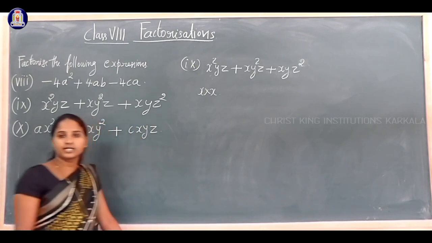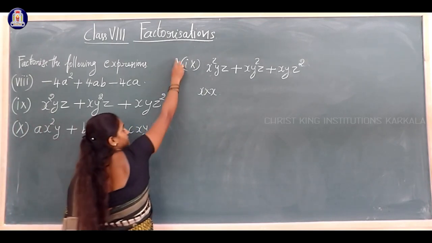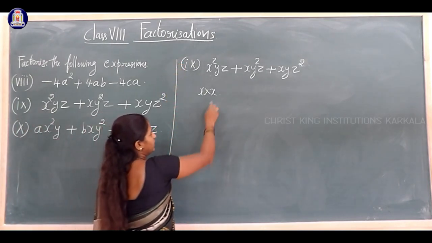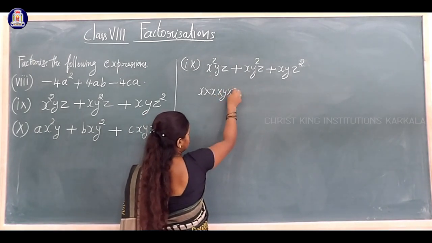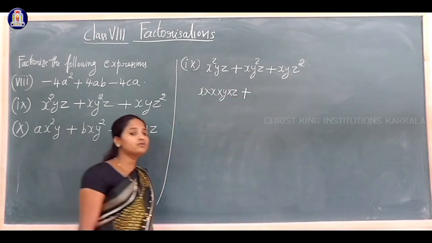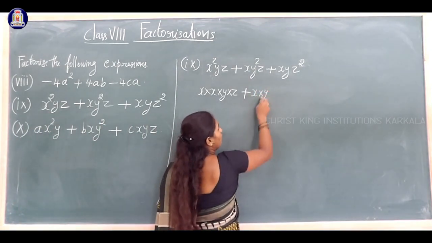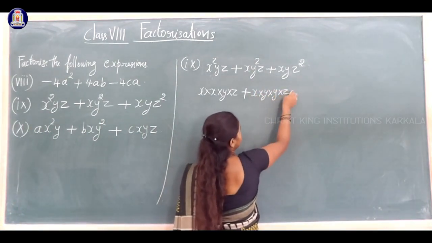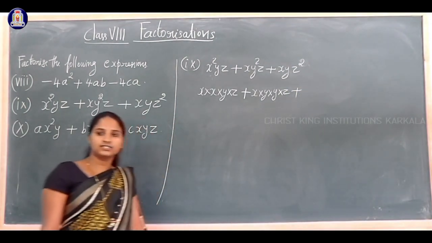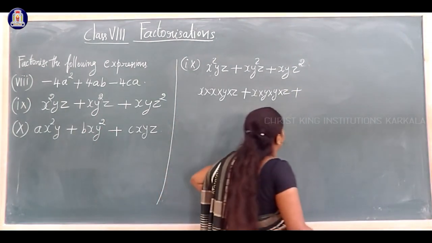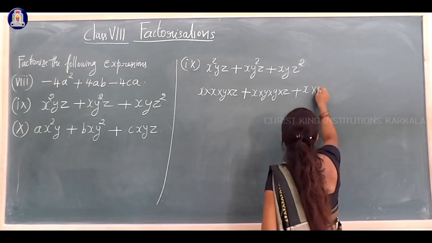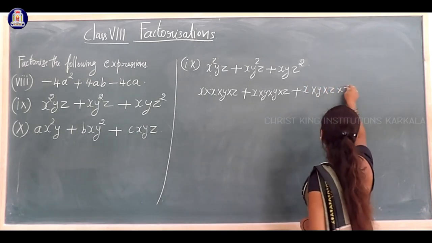X square can be written as x into x, is it correct? So into y into z, plus xy square z can be written as x into y into y into z, plus xyz square means x into y into z into z.